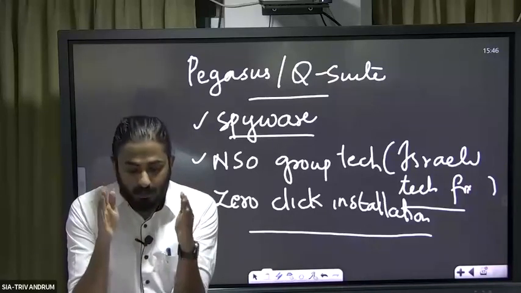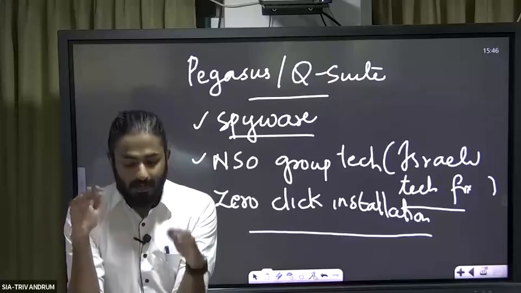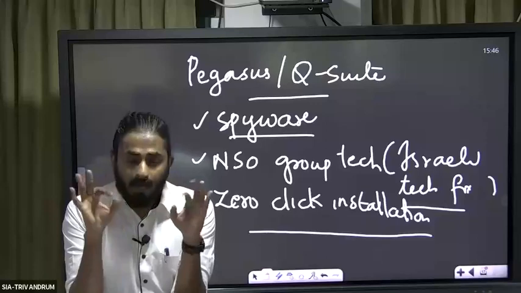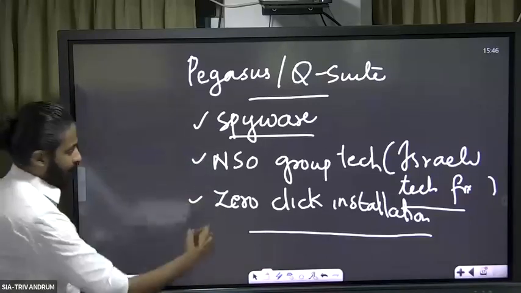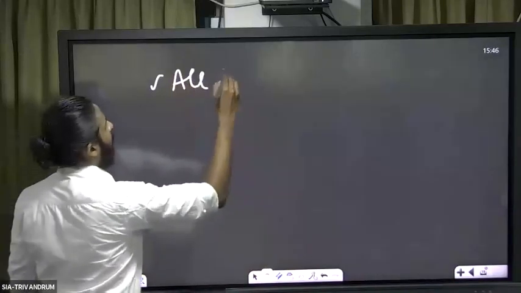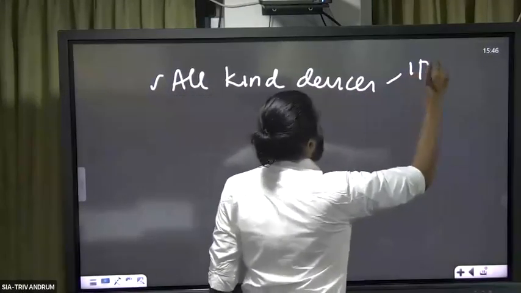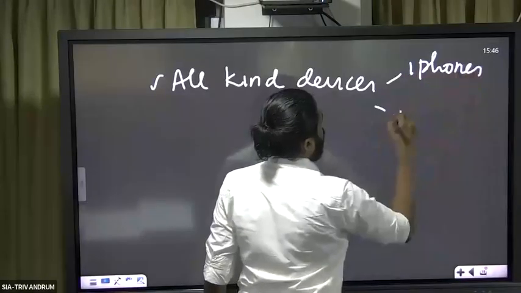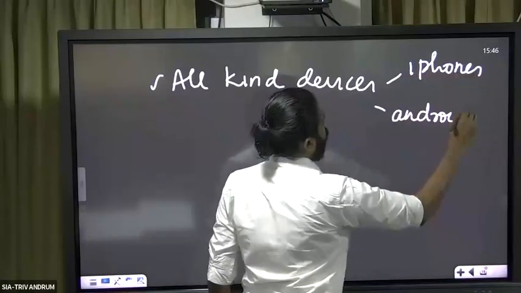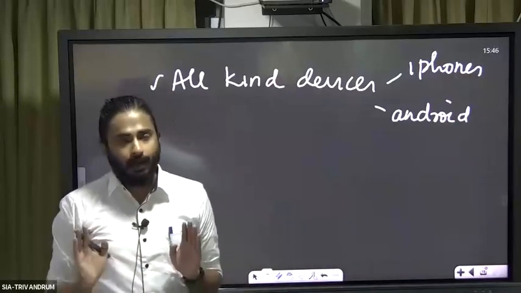So this is called a zero-click installation. There is no need to click on any links, and all kinds of devices are vulnerable. In the case of Pegasus, both iPhones and Android phones are vulnerable.